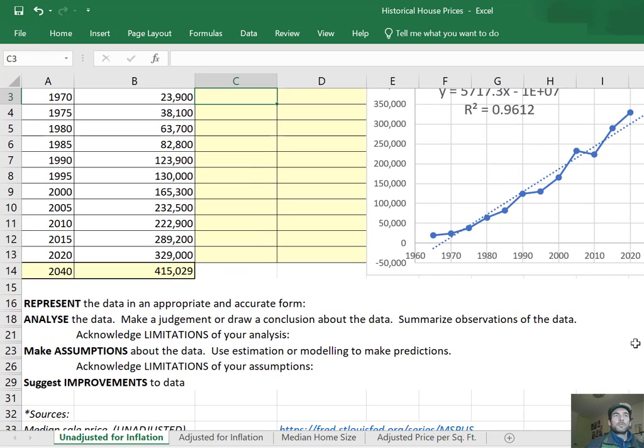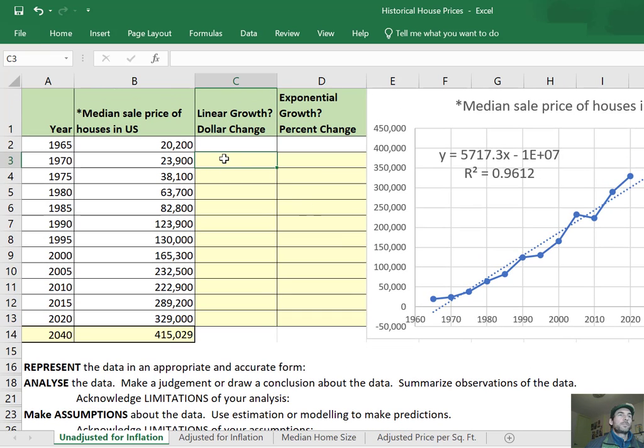Perhaps I should zoom in. So we're going to type the equals sign. When you type equals into Excel, it makes a calculation. We're going to take this number and subtract this number to see how much prices increased from 1965 to 1970.